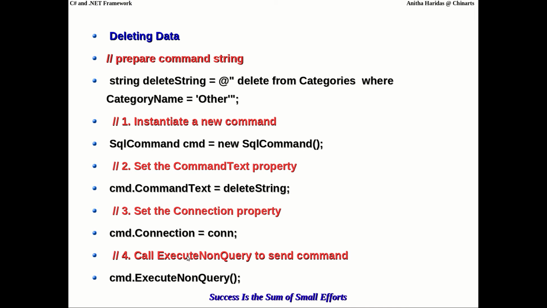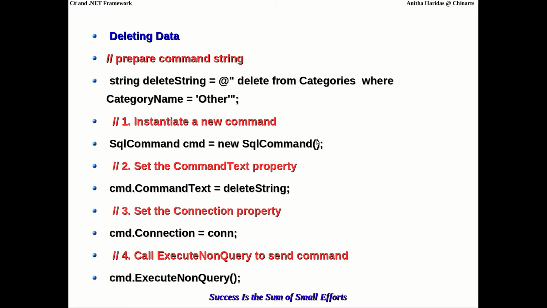Now when you want to delete data, again you are making changes in the database. So create your delete string that specifies the delete query, which is again a verbatim string. You can create a SQL command, and observe here, this is the fourth way of creating the SQL command.